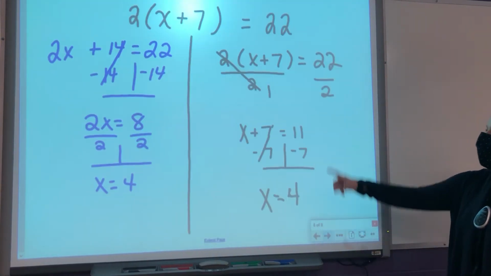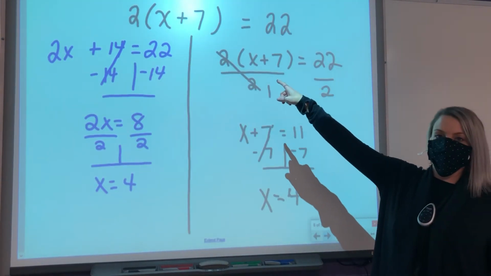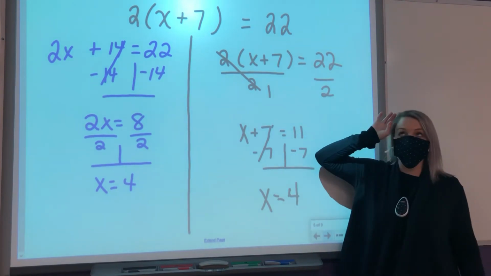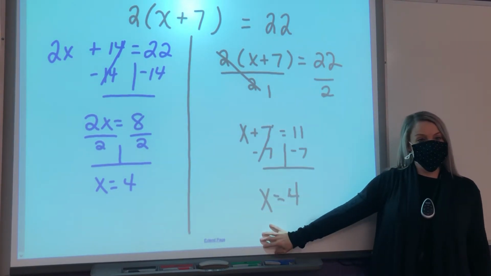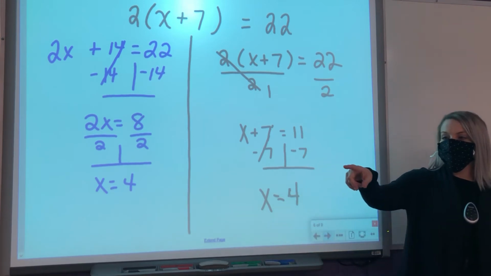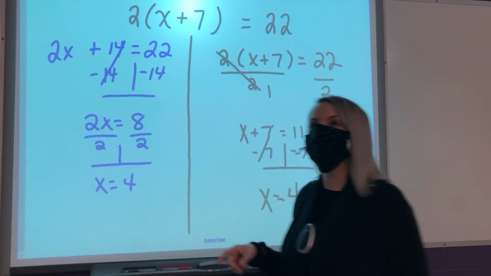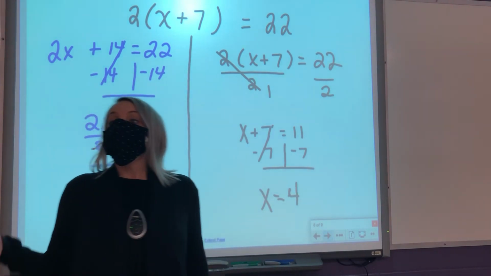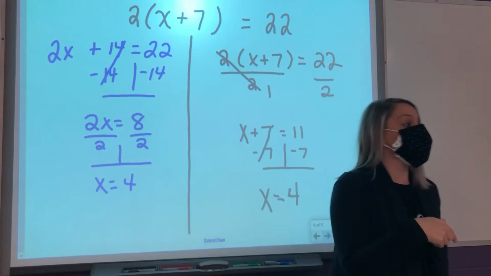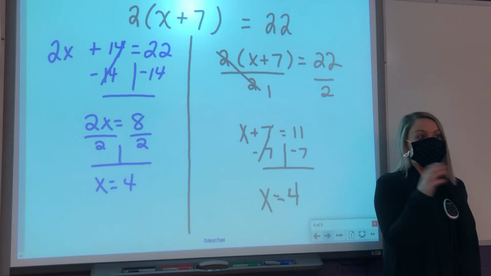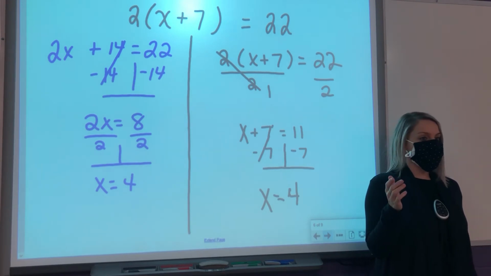Now when I look at this problem, my immediate thought is to do this. Why do you think that? Say it now, a little bit louder. Because you can put 22 in 2 separate equal groups. Right, 22 is divisible by 2. And I'm not working with fractions anywhere.